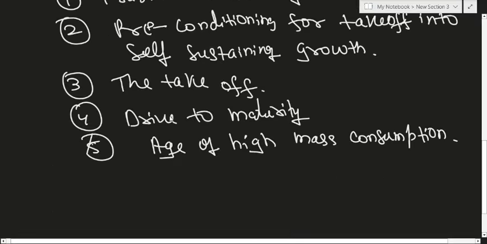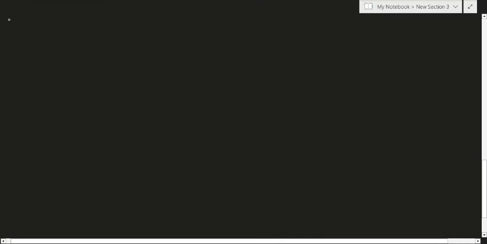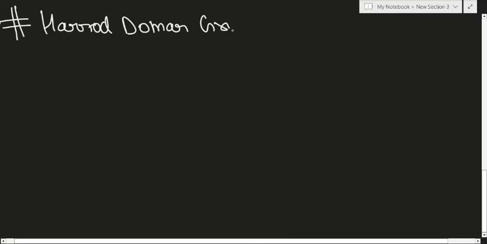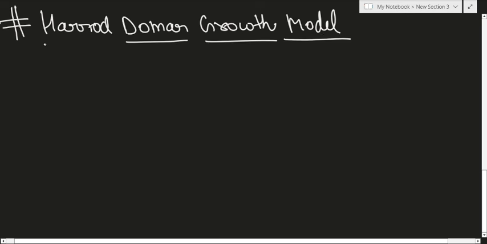Now the main thing starts from here, that is our Harrod-Domar growth model. So what is this?